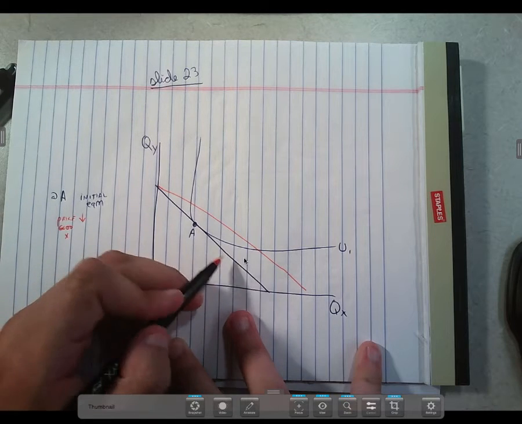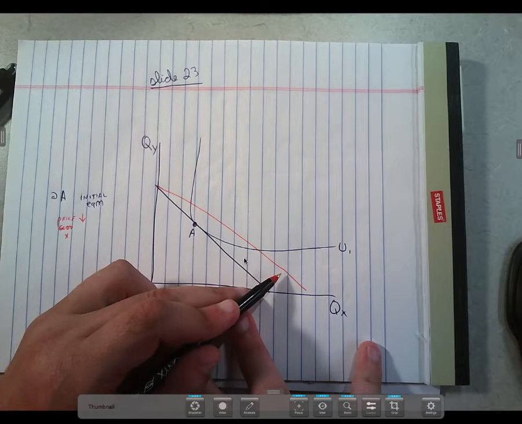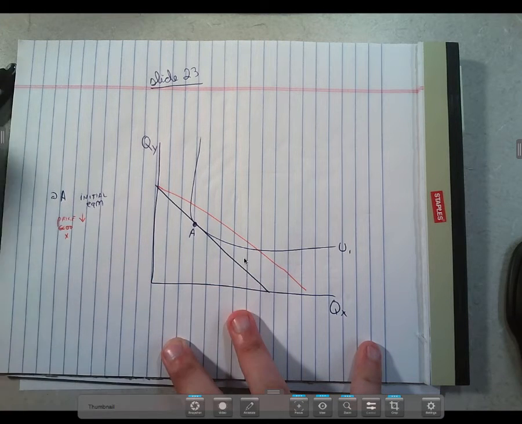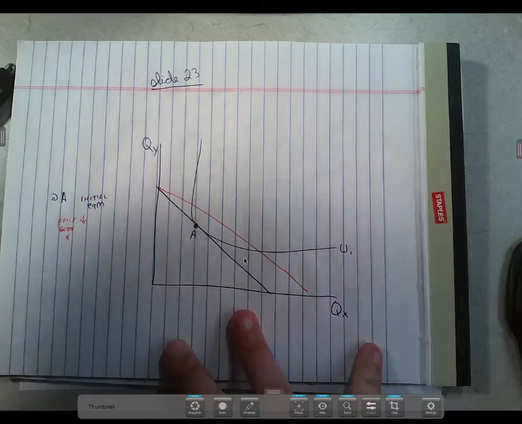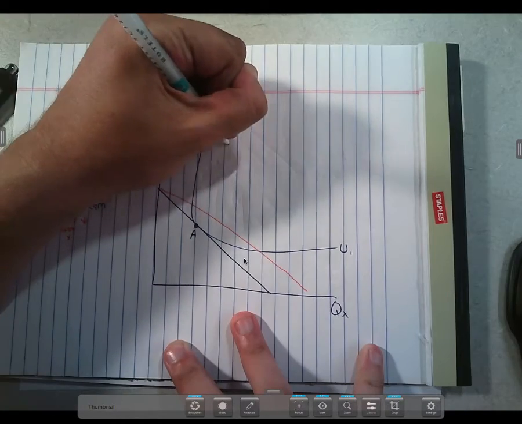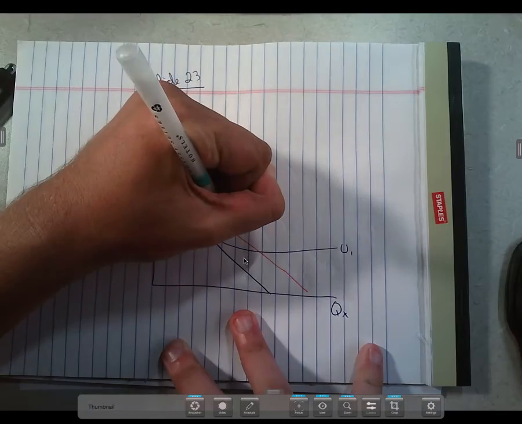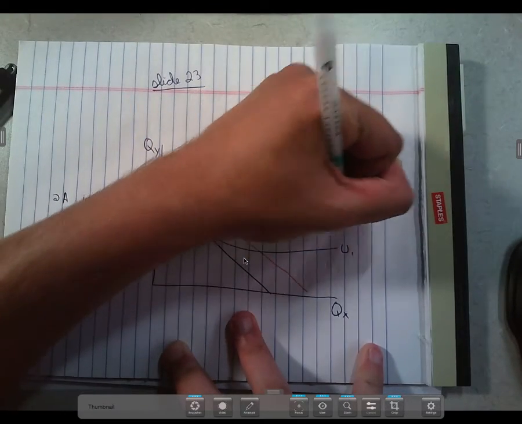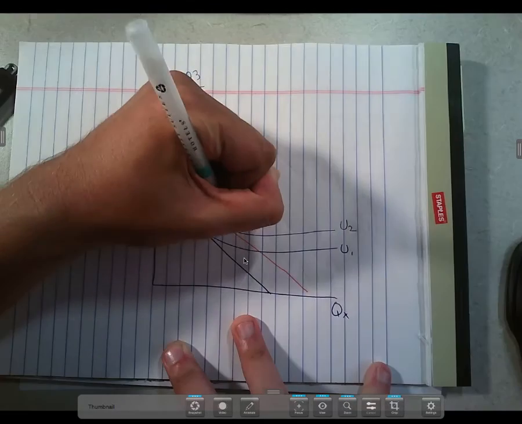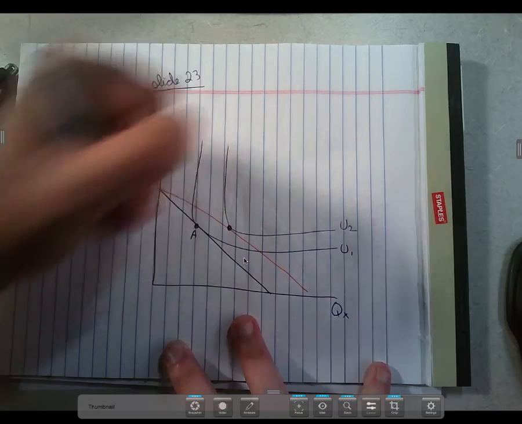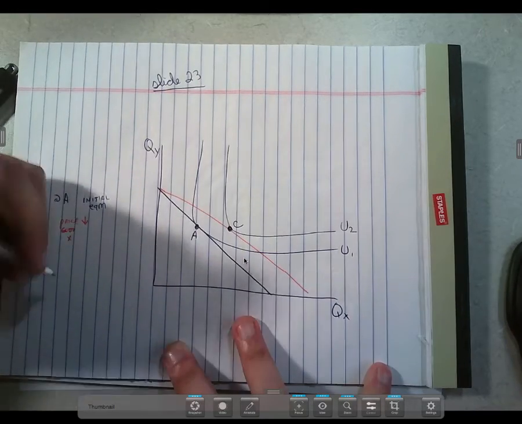If the price of good X is falling, that will pivot out my budget constraint. I think we're all still fine with that. Which would create for us a new indifference curve and a new point of tangency.